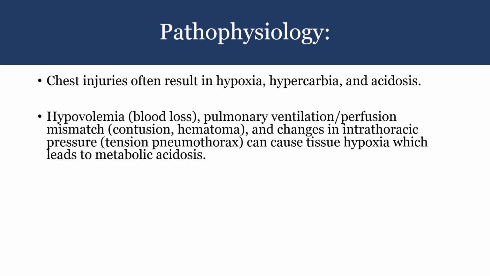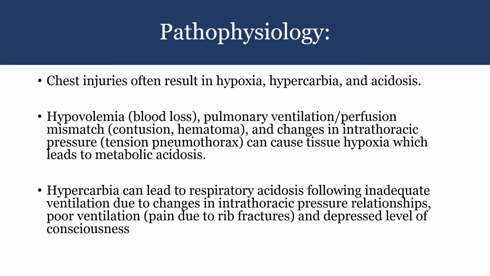In the pathophysiology, chest injuries often result in hypoxia, hypercarbia, and acidosis. Now, how does this come about? Usually, when you have chest trauma, for example, a hemothorax, you go into a state of hypovolemia because of blood loss.